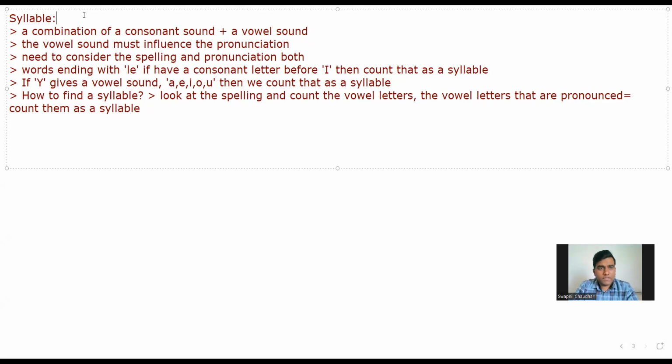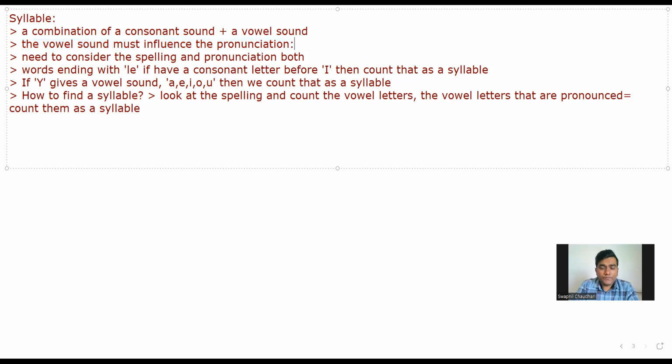So you can see our first definition. This concept is comparatively a bit more difficult. Syllable is a combination of a consonant sound plus a vowel sound. Okay? A vowel sound must influence the pronunciation. Whatever vowel sound you have, it should influence the pronunciation, right?